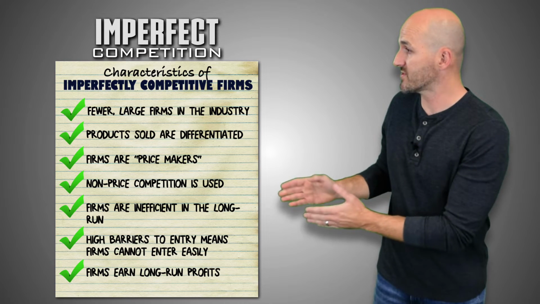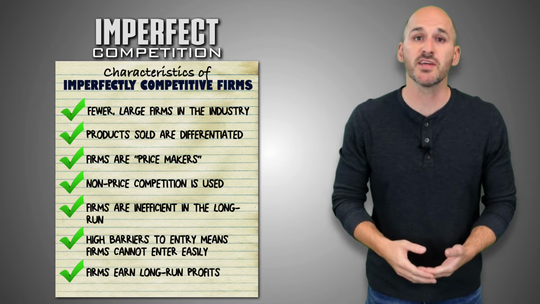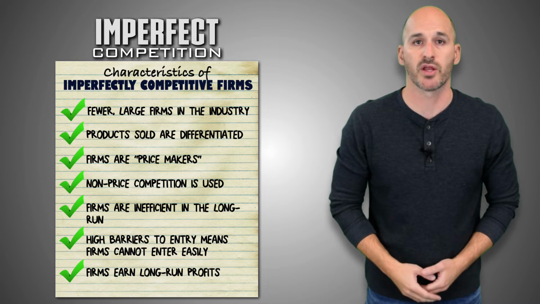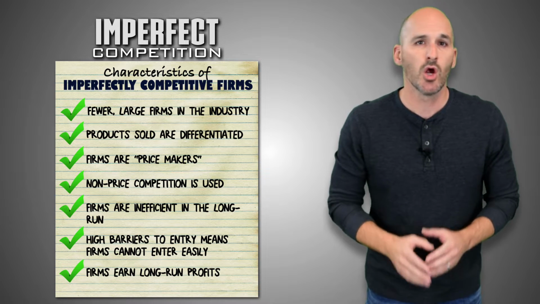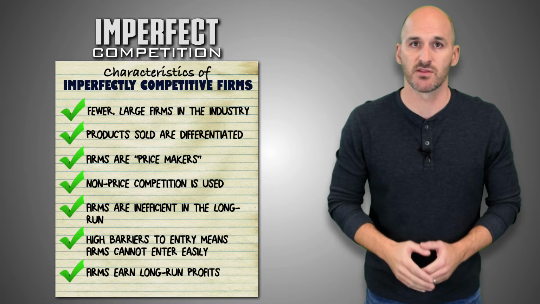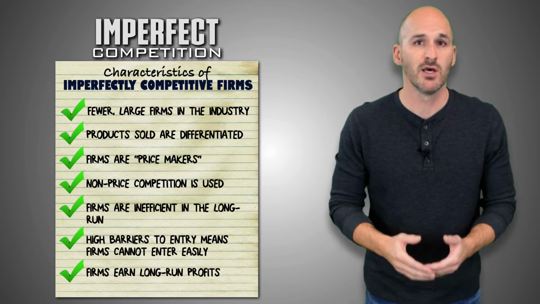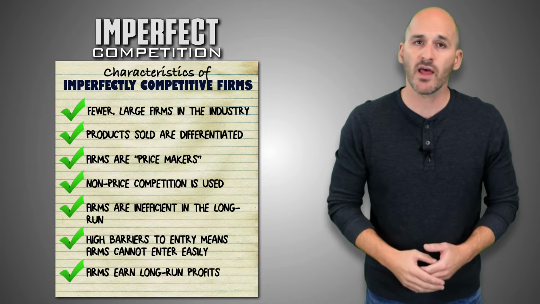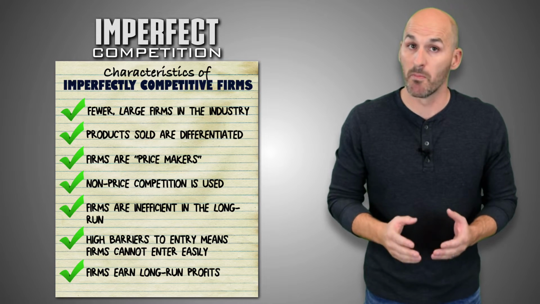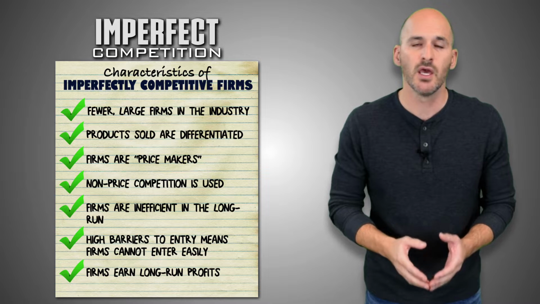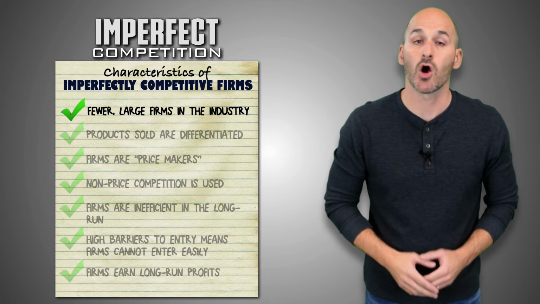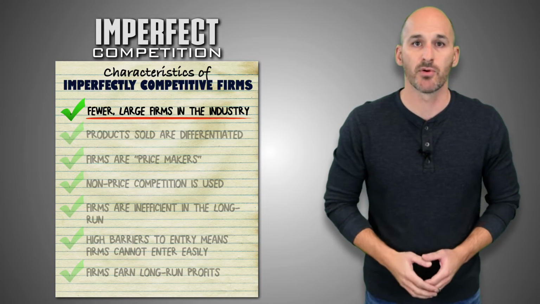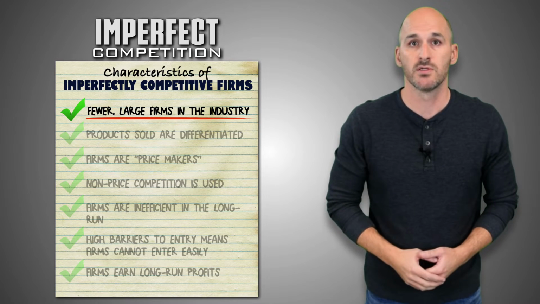Provided are the characteristics that distinguish imperfectly competitive industries from other market structures. Remember that the number and size of the firms that compete in a market ultimately dictate a market structure. Unlike perfectly competitive markets, where many small firms compete, imperfectly competitive markets are dominated by a lesser number of larger firms.